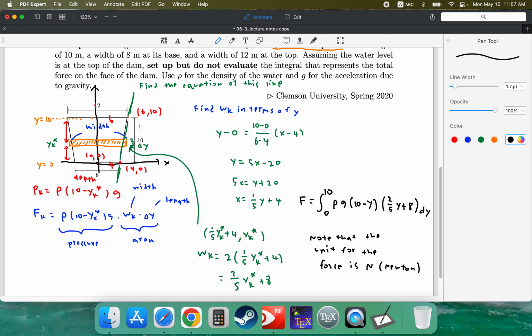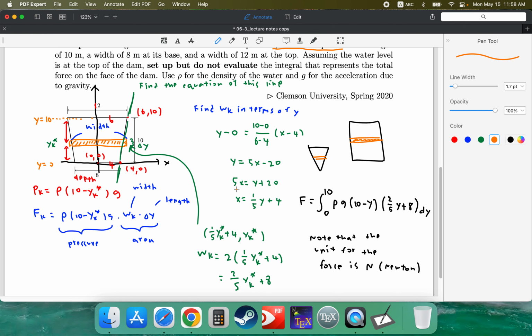For a rectangle, it should be really easy, because no matter where you draw your strip, the width is always the same. So the easiest case is a rectangle. If you have a triangle, then you will need to use the same method here: find the line and try to find out what the width is. Make sure you practice these types of problems.